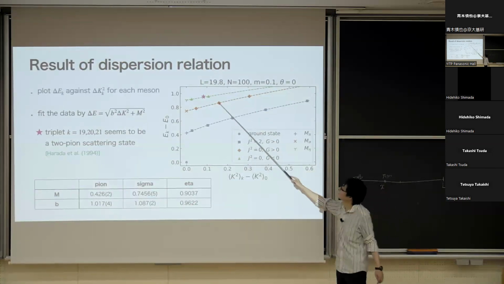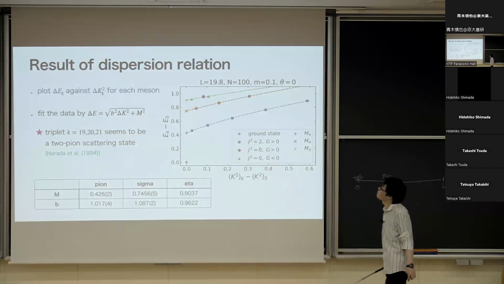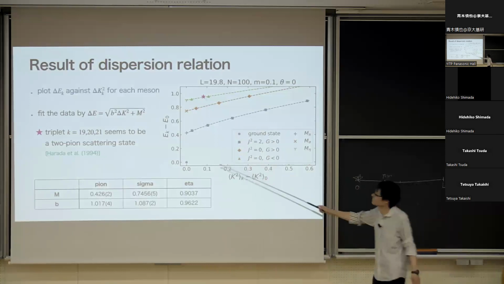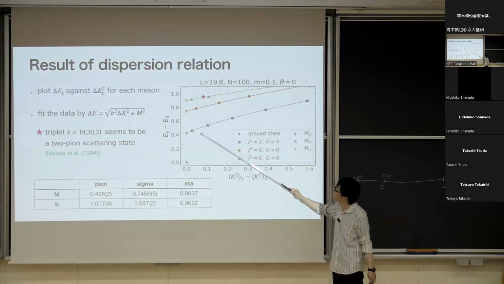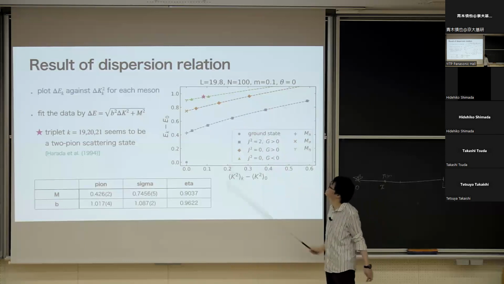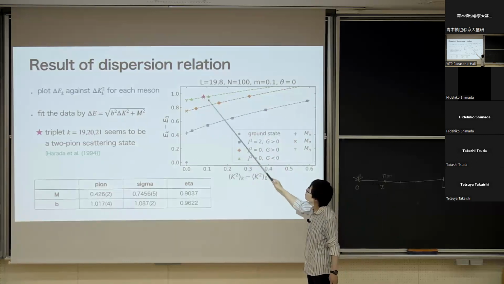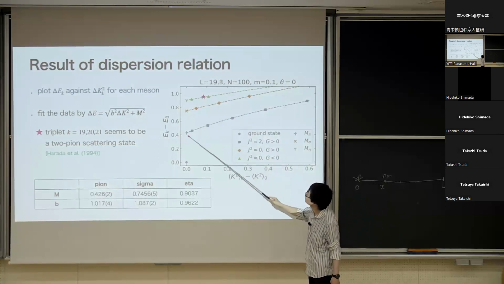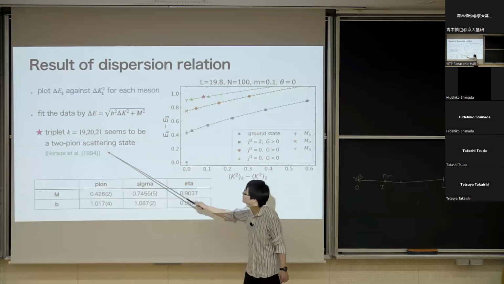And eta is represented by this green one. And the 19, 20, 21 states are here, far away from this pion dispersion relation. The energy of this state is much more than 2 times the pion lowest mode. So in that sense, it seems to be a 2 pion scattering state.